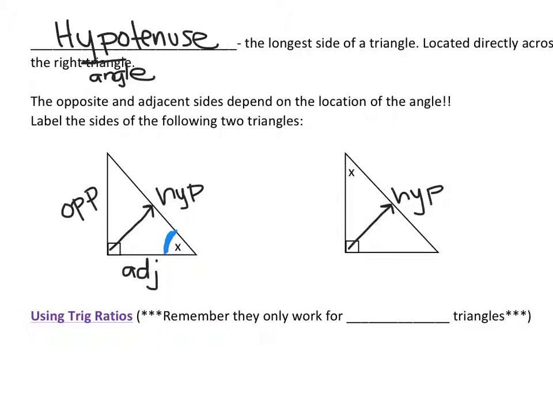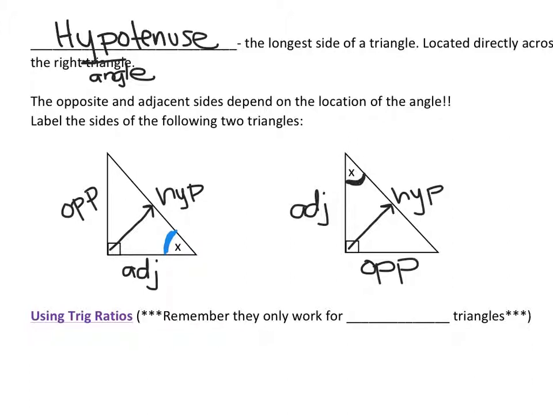So in this triangle, our angle's up here. Which side is directly across from that angle, opposite that angle? Is it this side or is it this side? It's going to be this side. This is the opposite. So that means this is going to be the adjacent, which makes sense. This side touches the angle and it's not the hypotenuse.